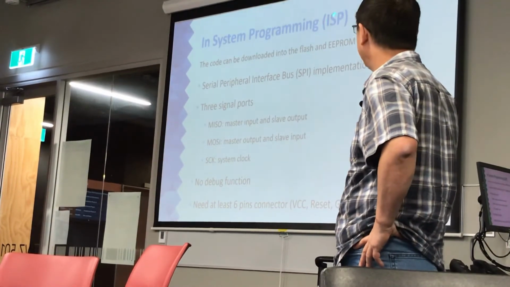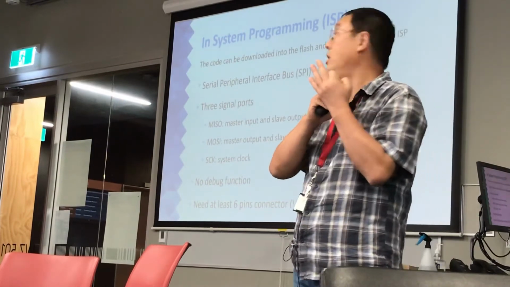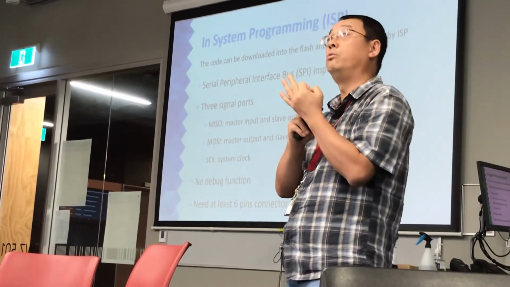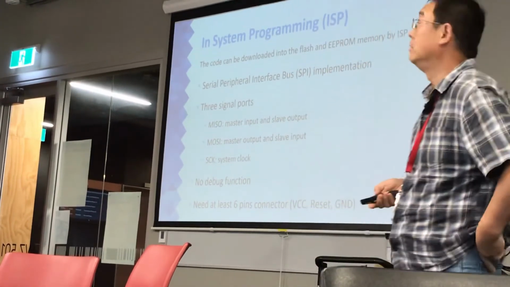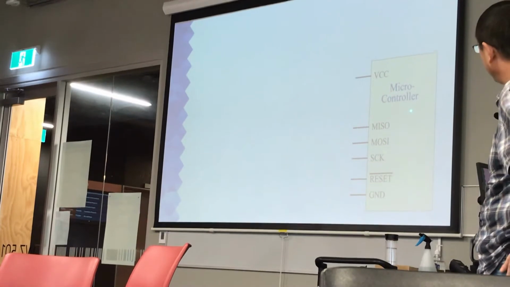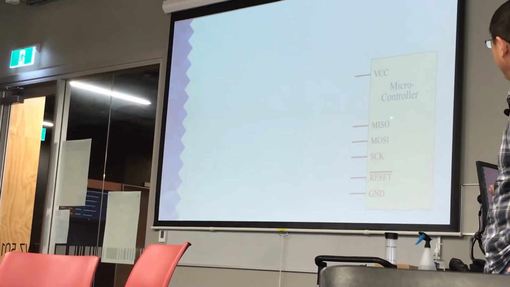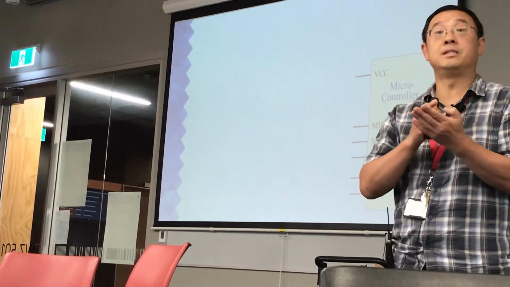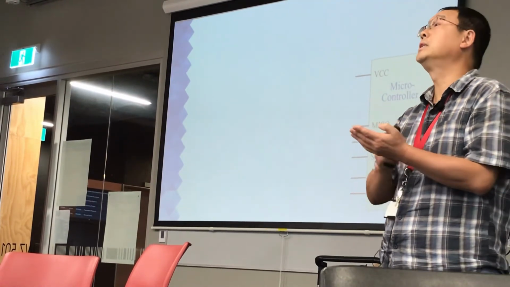So ISP actually needs at least 6 pins to talk with the microcontroller. If you look at a microcontroller and it has a MISO pin, MOSI pin, and SCK pin, that means this microcontroller has an ISP communication flash port.